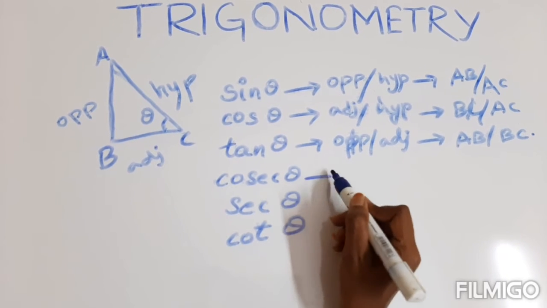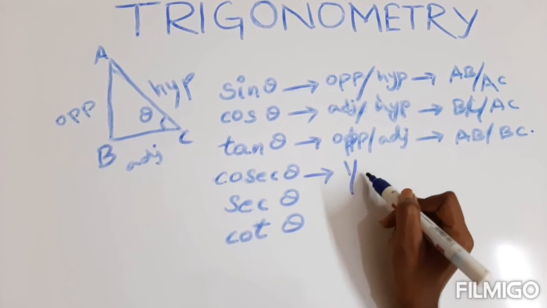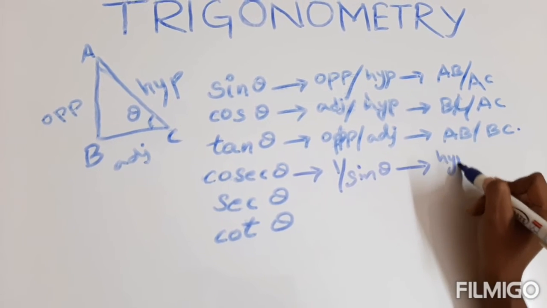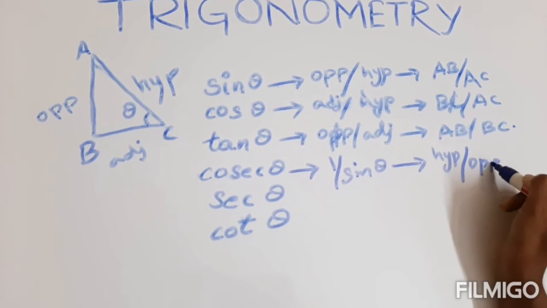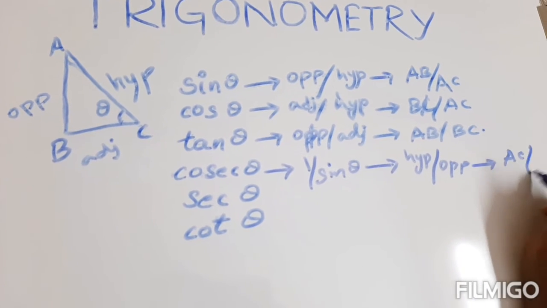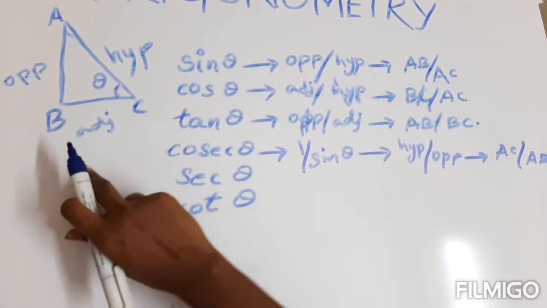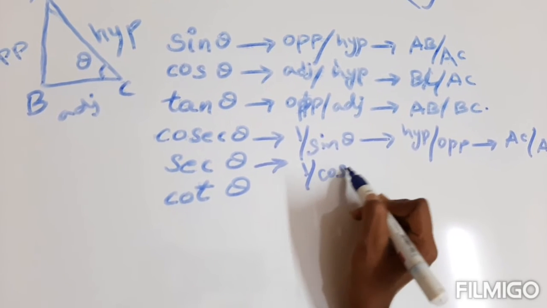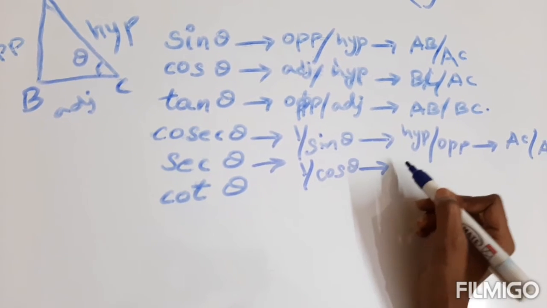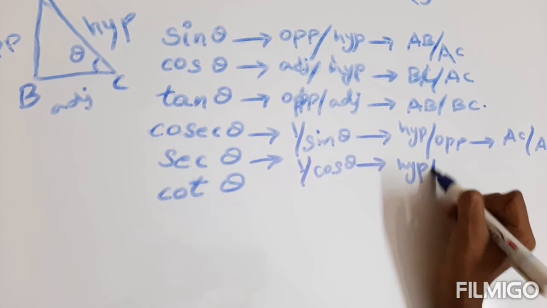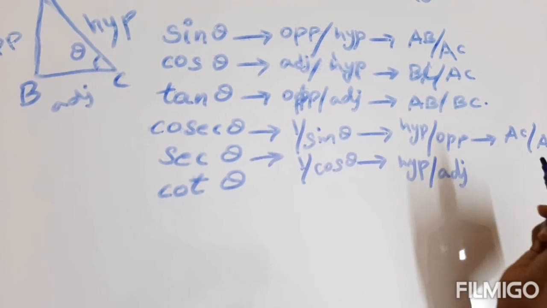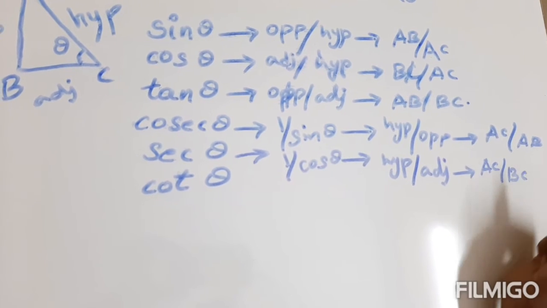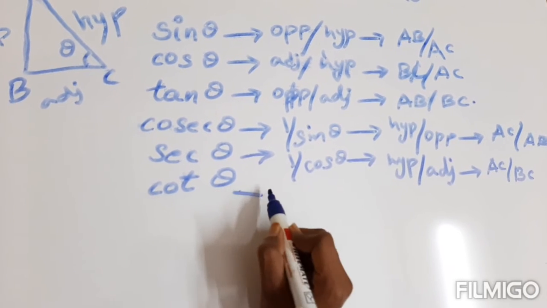If we see the cosecant theta, it is the reciprocal of sin theta. We can write it as hypotenuse over opposite, which is AC over AB with respect to the triangle. And secant theta is the reciprocal of cos theta, which is hypotenuse over adjacent, AC by BC with respect to this triangle.